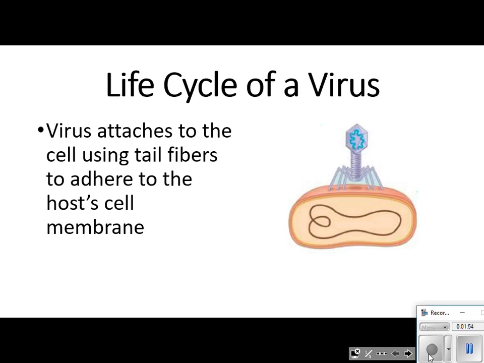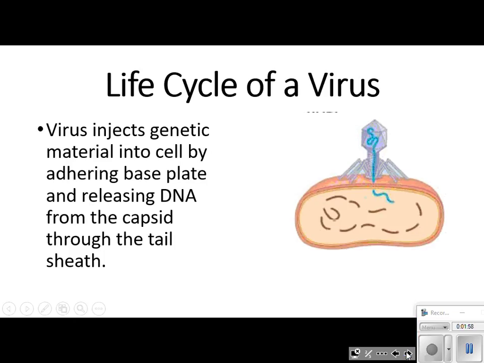Now the second step in the process is where the virus injects its genetic material into the cell by adhering the base plate and releasing DNA from the capsid through the tail sheath.